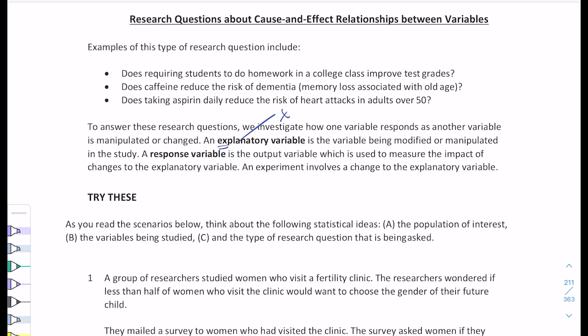The response variable would be your y variable. It's the output, the variable that is measured based on the impact of the changes of the explanatory variable. When we're interested in explanatory and response variables, we are also interested in using an experiment that involves a change to the explanatory variable.